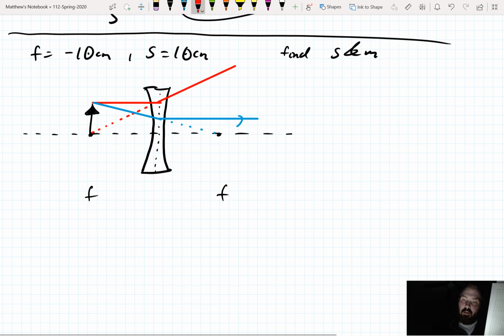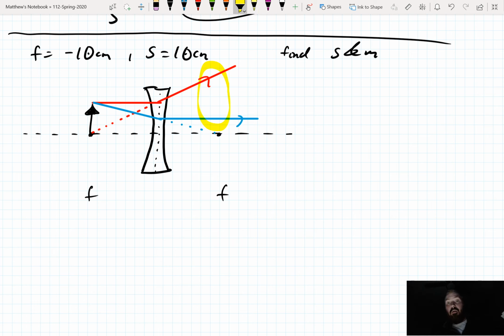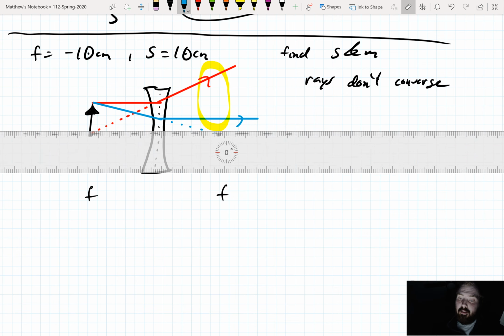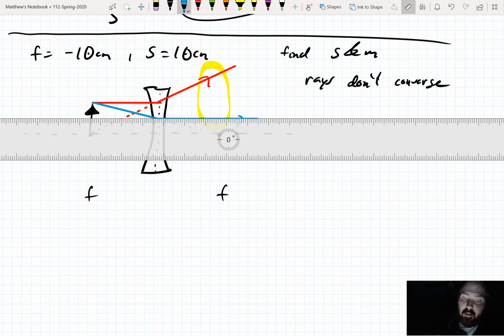All right, once again, the rays don't converge, so project backwards.